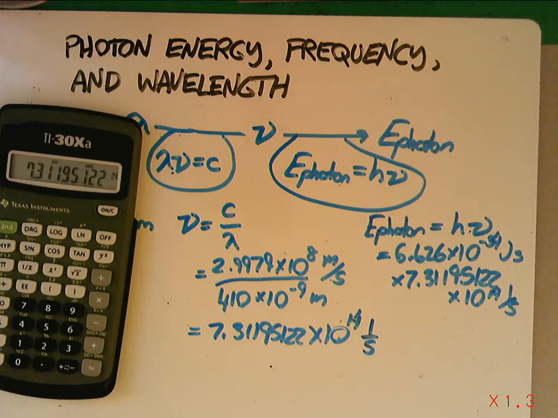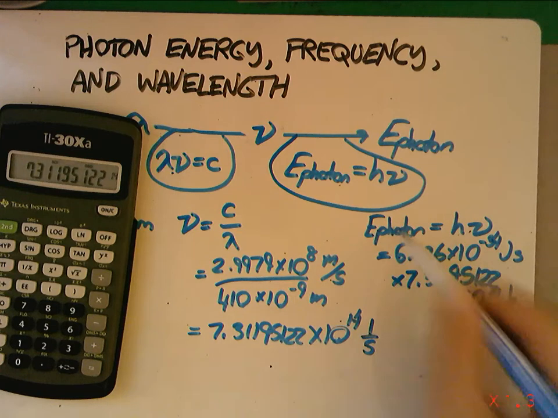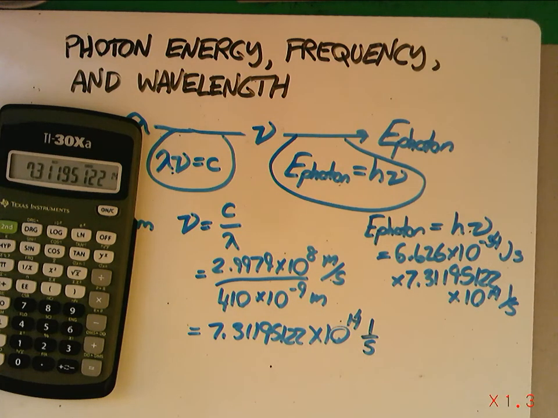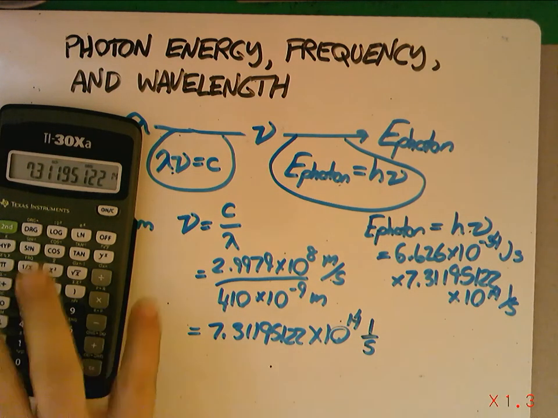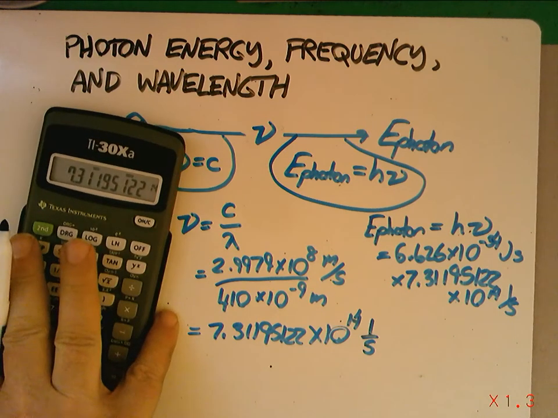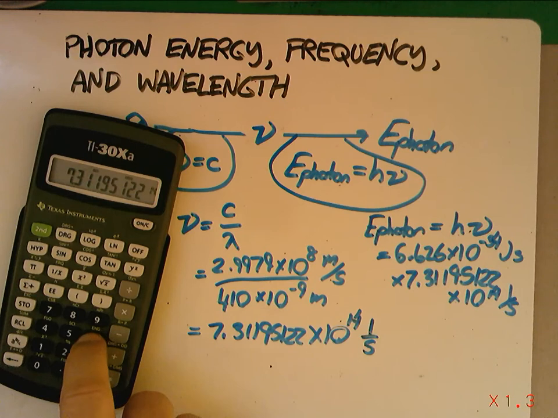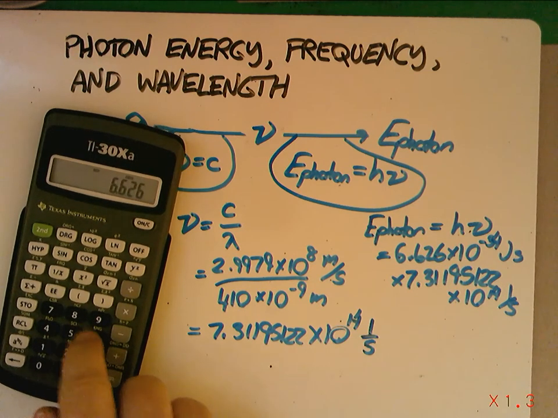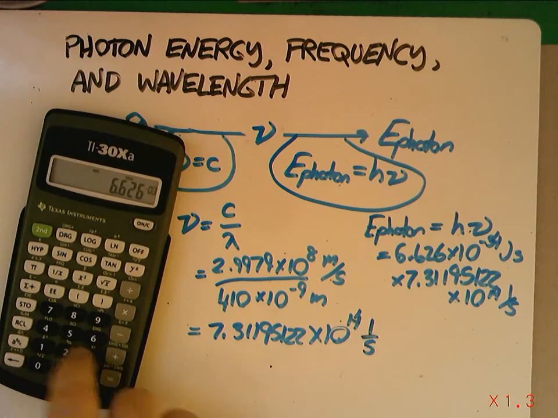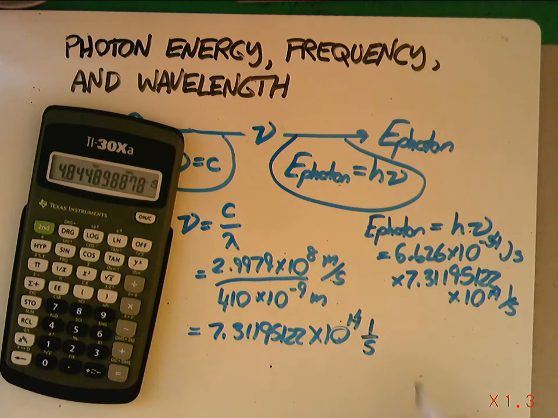Now, take a look at what happens to the units when I multiply these things together. Joules times seconds times 1 over seconds will give me joules, which is the correct unit for the photon energy. And all I got to do is take that frequency I just figured out and multiply it by Planck's constant. 6.626 times 10 to the minus 34, and I get it.